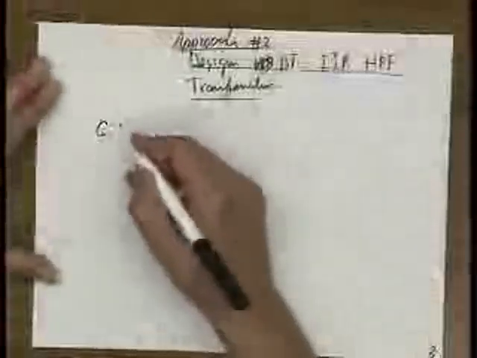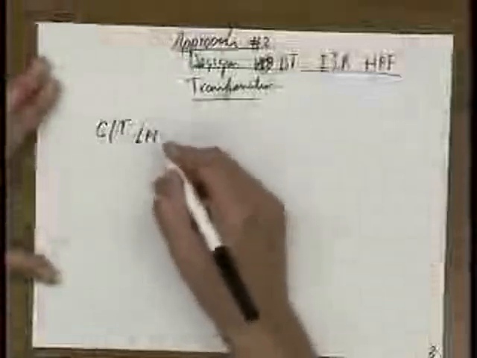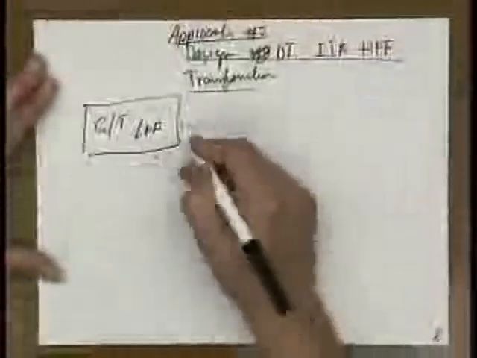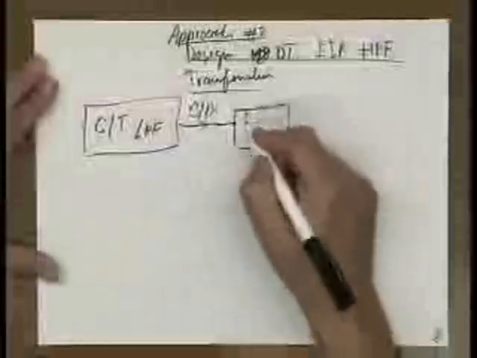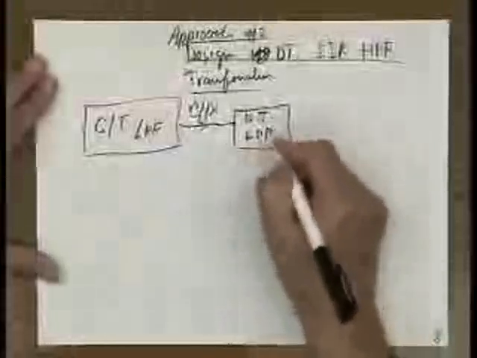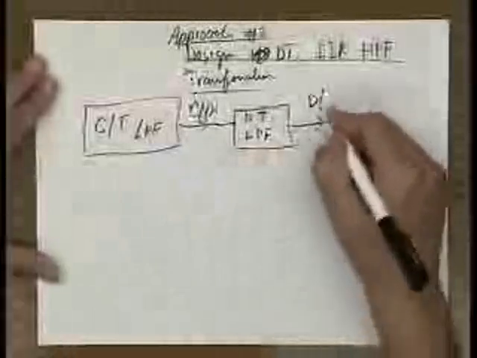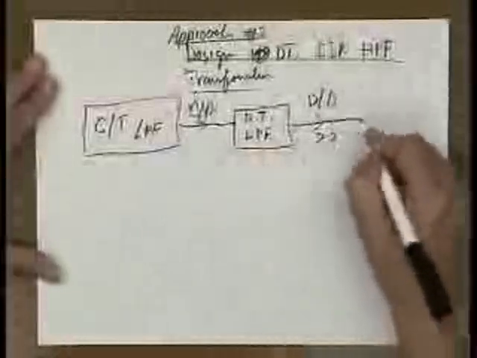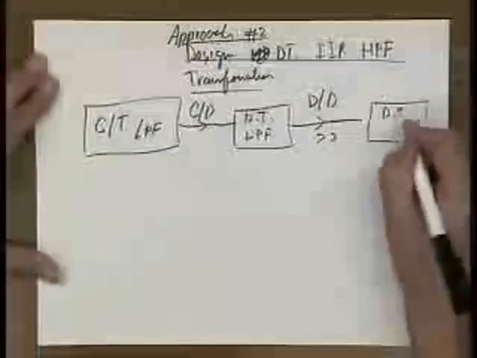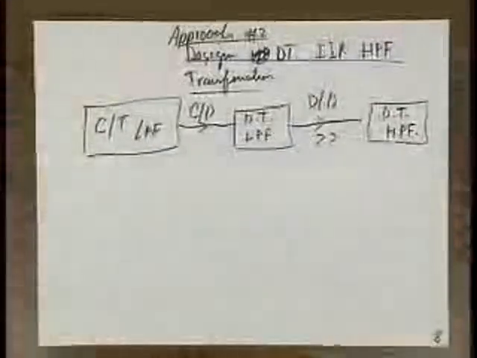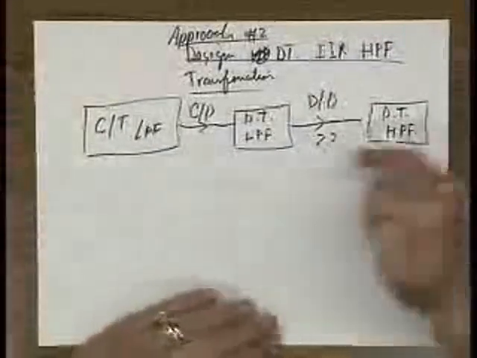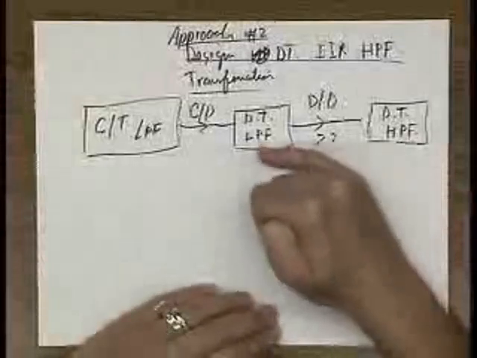I'm going to still start with a continuous time low-pass filter because I know how to design those. And I do a continuous to discrete time transformation to get a discrete time low-pass filter. And then I do a discrete to discrete transformation, which I'll talk about now, in order to get the discrete time high-pass filter. Okay?